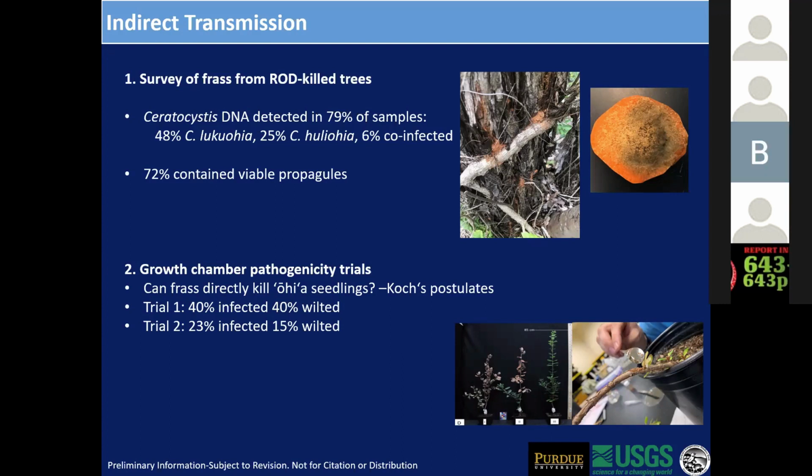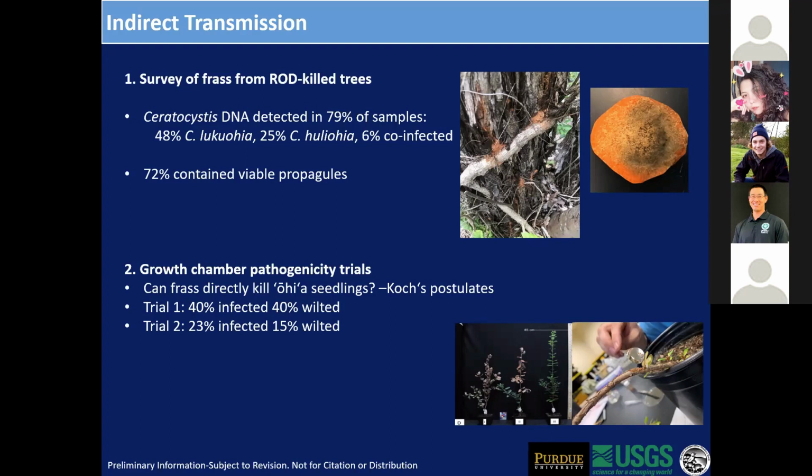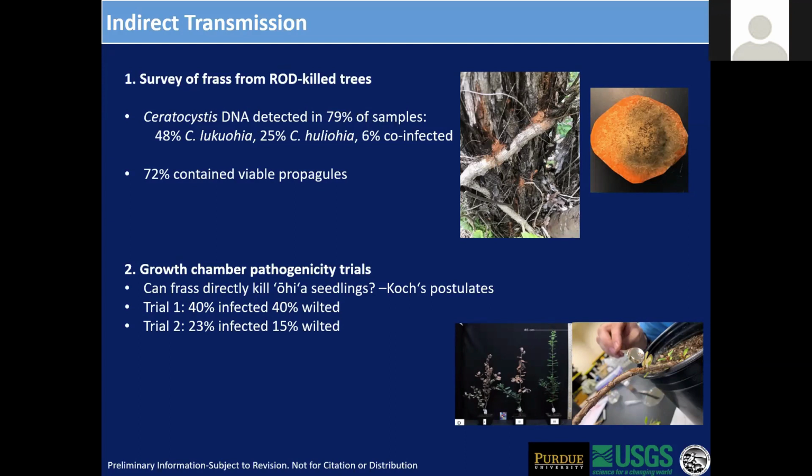And in the second trial, 23% of the seedlings were infected with Ceratocystis lukuohia, and 15% of them wilted. So from these data, we really see that viability is variable, and it really depends on the spore load and other factors such as the age of the frass and other abiotic and biotic conditions.